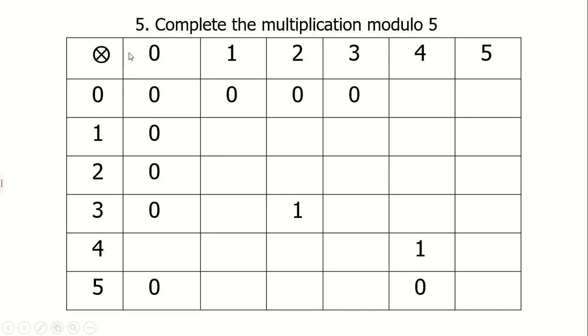We assume it's multiplication. I'm going to take this column here, the first column, to be your first number, while this side is going to be your second number. You already know how to do that, right? So you do them individually to fill all the spaces.